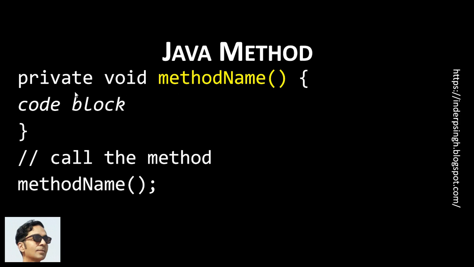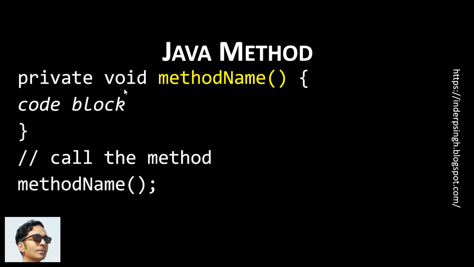Now here in the Java method, private means it is not visible outside that class. Public would mean that it is visible outside the class also. Then we have to give the return type of the method. So void means that the method does not return any value.